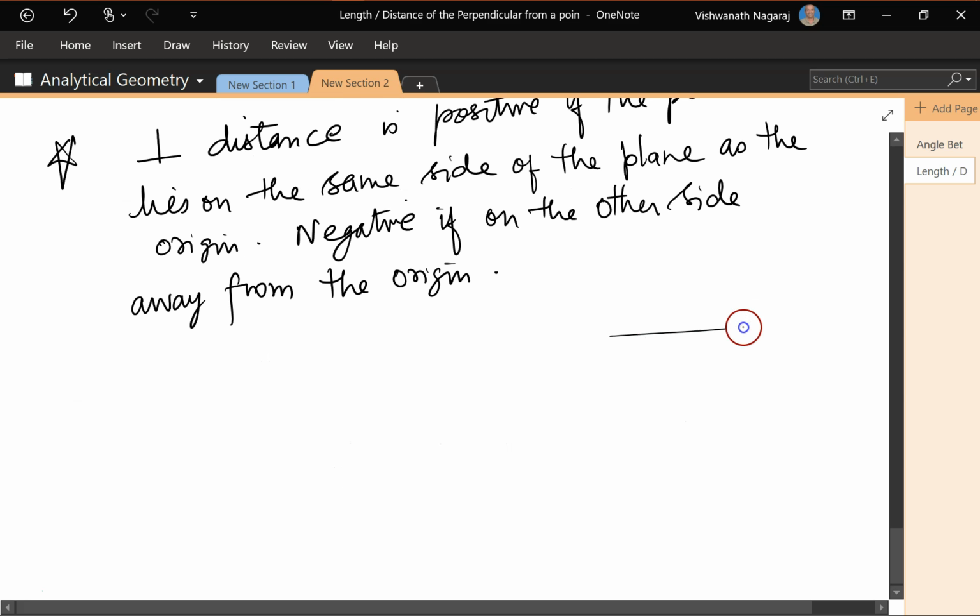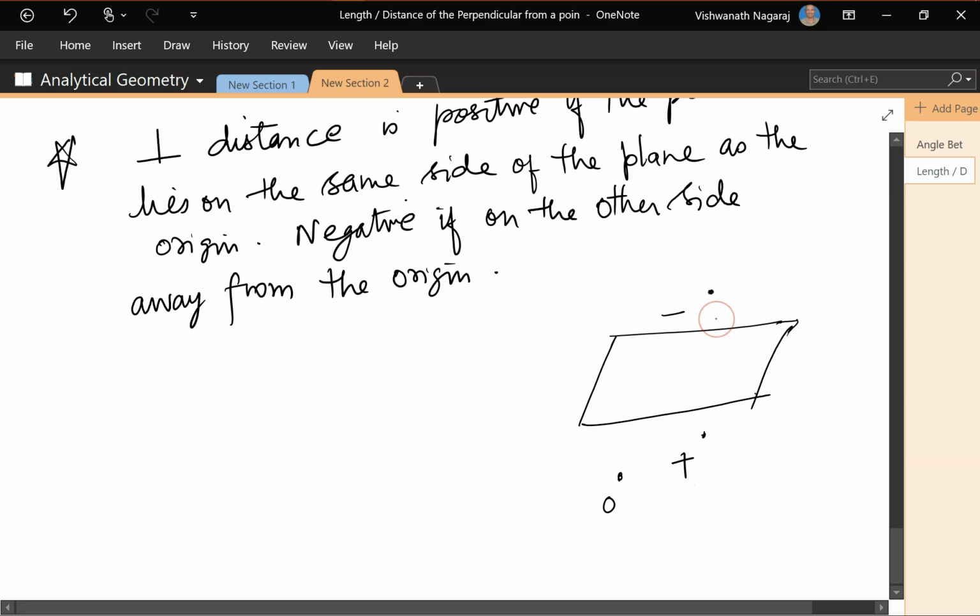So that means we have a plane, this is the origin, and the point from which we want the perpendicular distance could be here or it could be here.